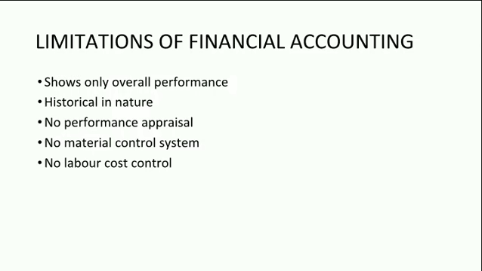These are the only information available about the materials purchased for the business. But we do not get any information as to how much of the material has gone into producing one particular kind of product, how much material wastage has happened, or how much material has been transferred from one job to another. All this kind of information is not available in financial accounting.